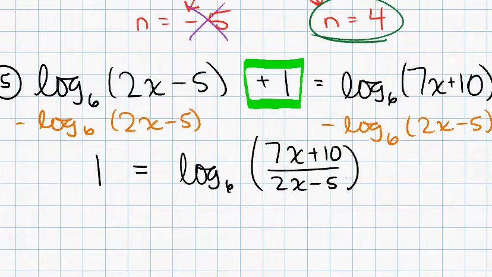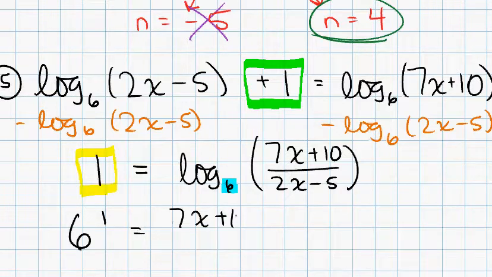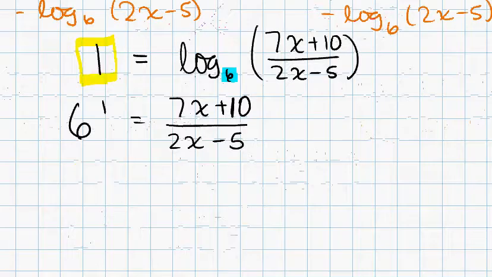So the base is 6. The exponent is 1. And it equals the argument, the stuff in parentheses, 7x plus 10 over 2x minus 5. You have a not fraction equal to a fraction.